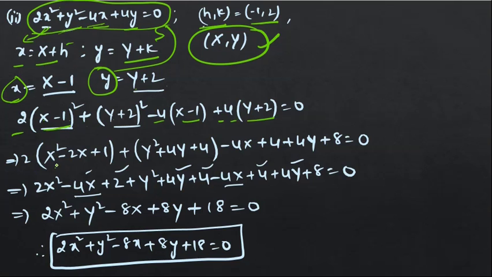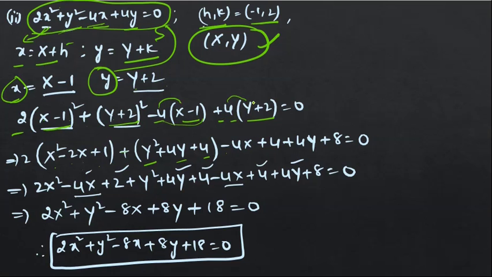Again if you observe, this is in the form of a minus b whole square, so 2 into X square minus 2X plus 1. Similarly here (Y plus 2) whole square is a plus b whole square format. So when I expand this, capital Y square plus 4Y plus 4, minus 4 into X is 4X, minus into minus plus 4 into 1 is 4.